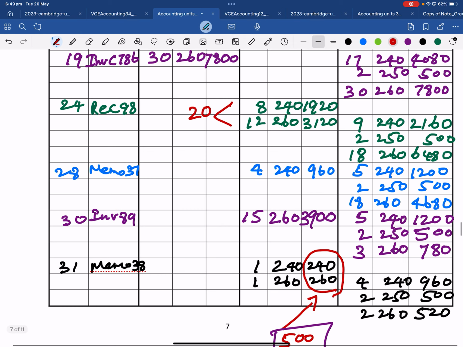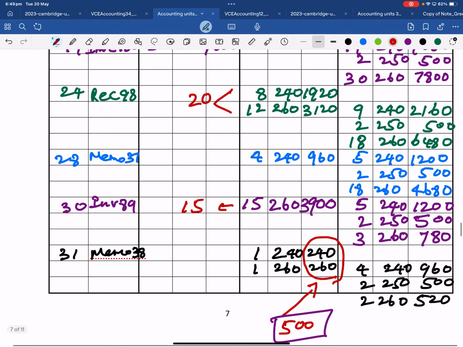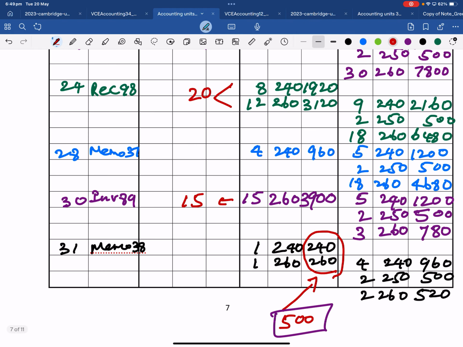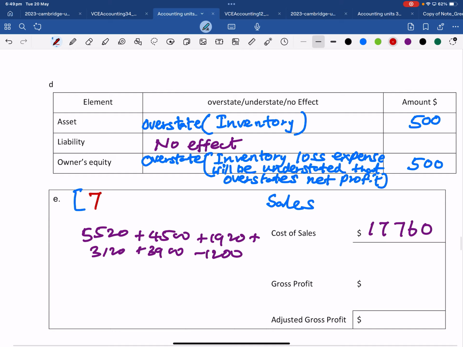And in this one, how many? 15. That means 76 units we have sold. From the 76 units, some of them got returned. How many did we get returned? 5. That means how many units did we sell net? 71. Everyone got it? Then we have sold 71 units.